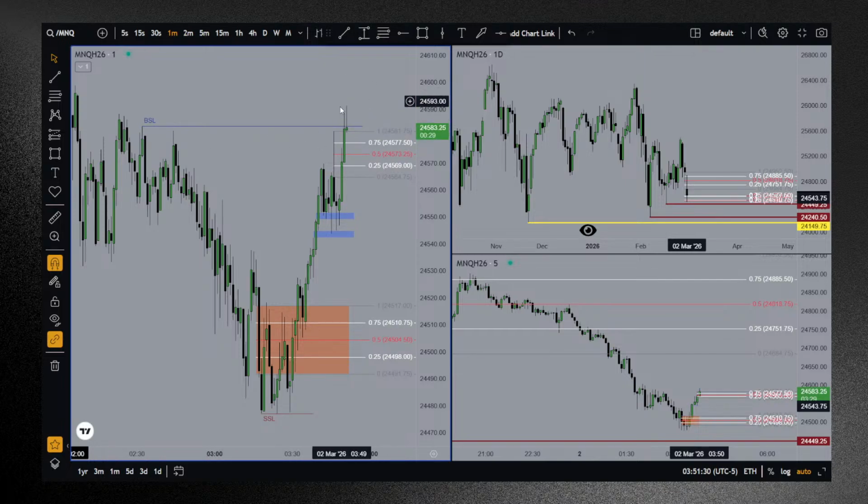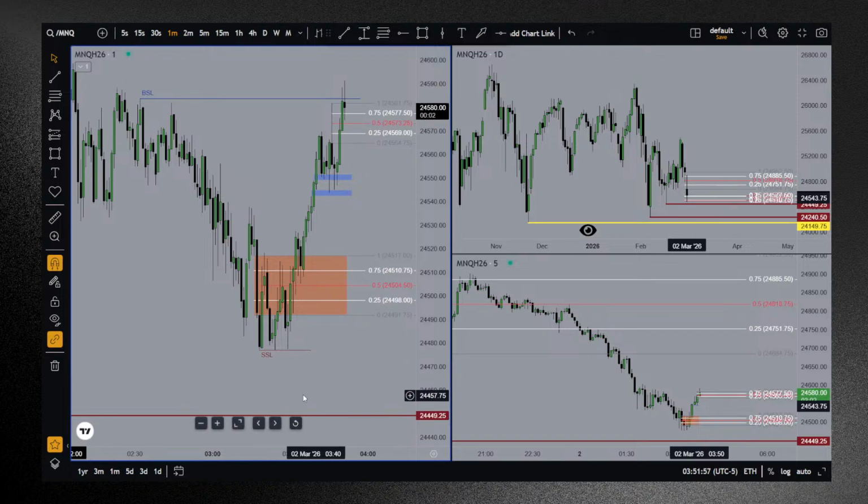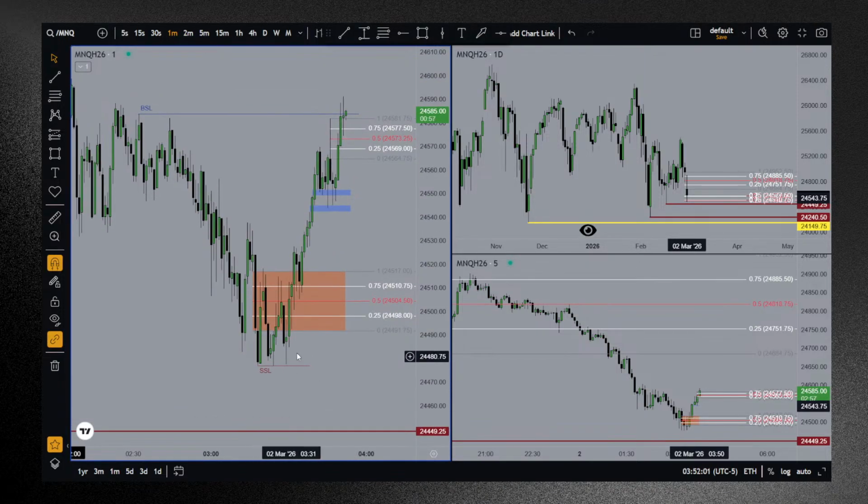Like we did it, and now quick rejection, quick fail, quick purge, displacement lower. That's what I'm watching, basically. That's what I'm studying, if we can see that. Because if yes, then I will be very confident with this minor sell side and this larger daily sell side liquidity pool that it will be drawn to next.